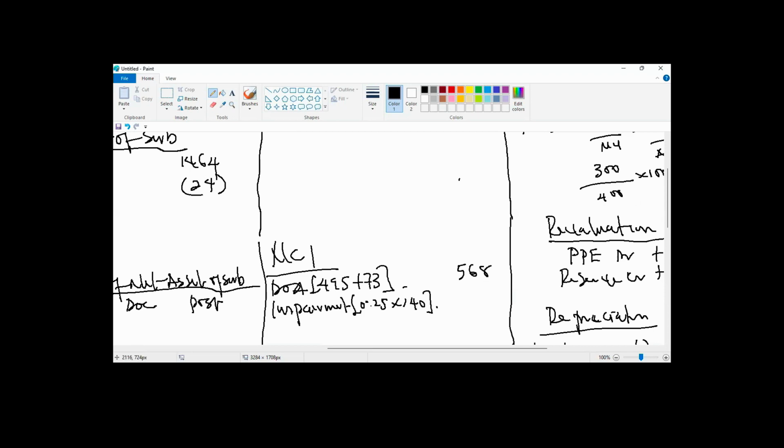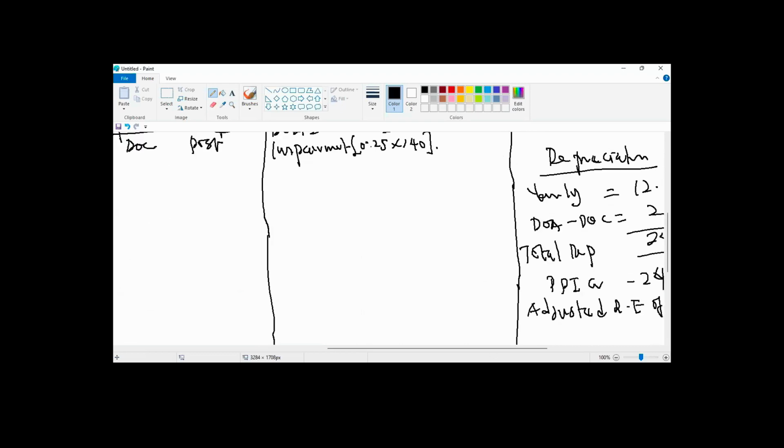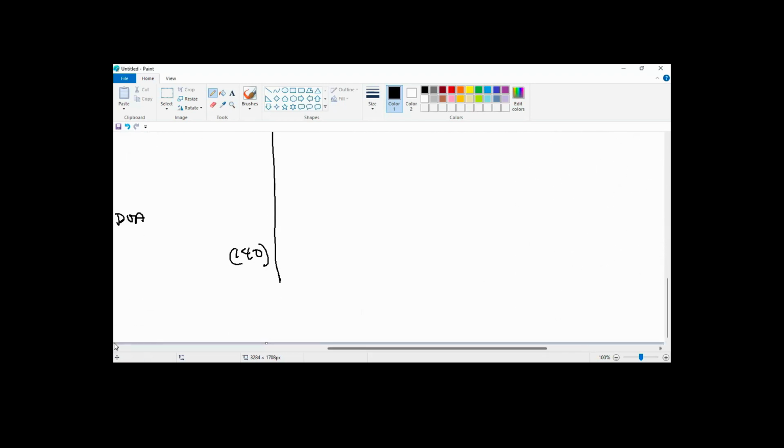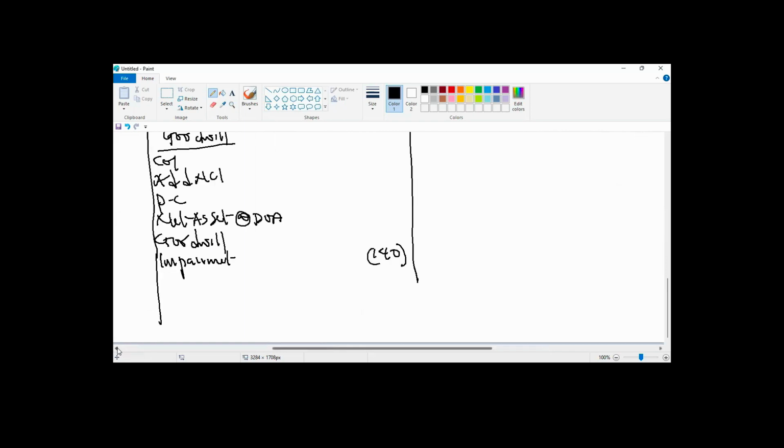I will now add that to the cost of investment to give me the purchase consideration. Cost of investment, which is 18, add NCI 568, plus 18.